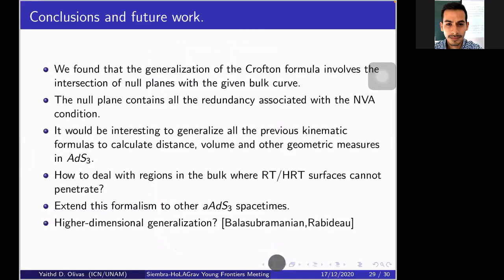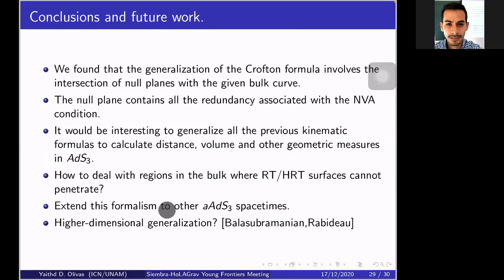So let me conclude with future work and conclusions. We found that the generalization of the Crofton formula involves the intersection of null planes with a given bulk curve. The null planes contain all the redundancy associated with the NVA condition. It would be interesting to generalize the previous kinematic formulas to calculate distance, volume, and other geometric measures in the time-dependent case.